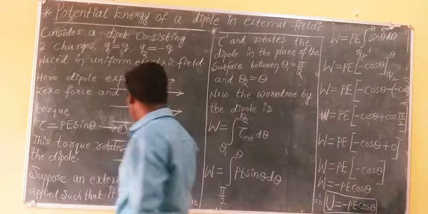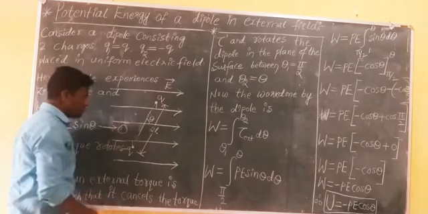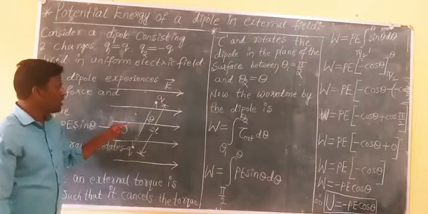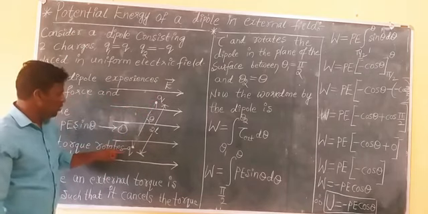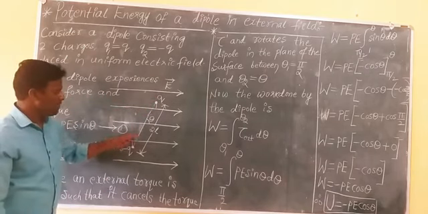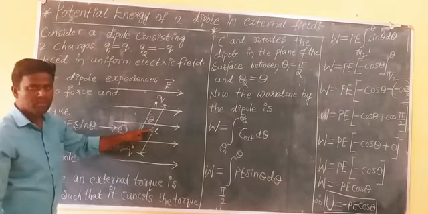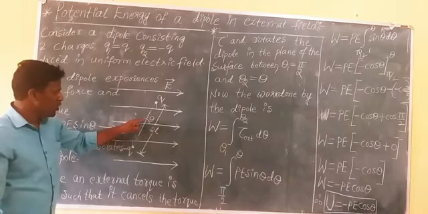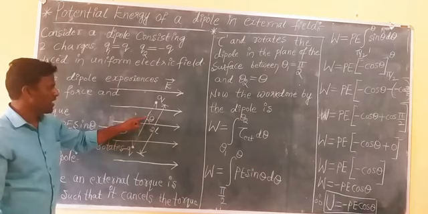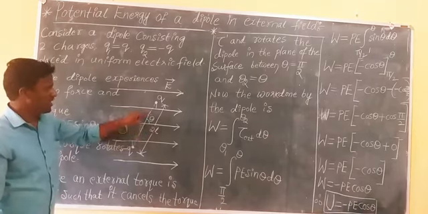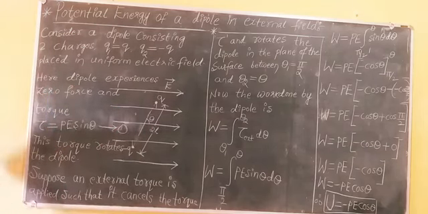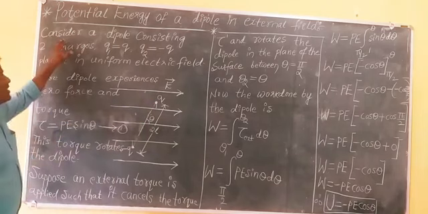So this diagram represents an electric dipole, consisting of Q1 equals Q and Q2 equals minus Q, separated by a distance 2L. This is the electric dipole consisting of the charges Q and minus Q.